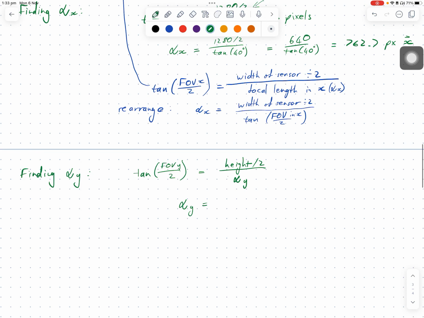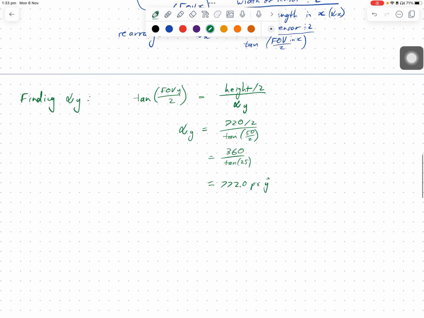So this is going to be 720 on 2 on tan 50 on 2, which is 360 on tan 25. Going to the trusty calculator, 360 on tan 25 gives me 772 pixels in the Y direction. I'll put 0.0 just to match up with X, but normally you would just round to the nearest integer pixel, to be honest.